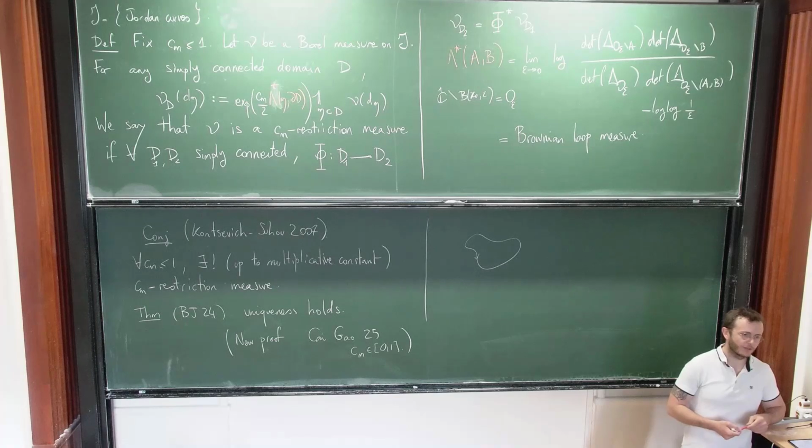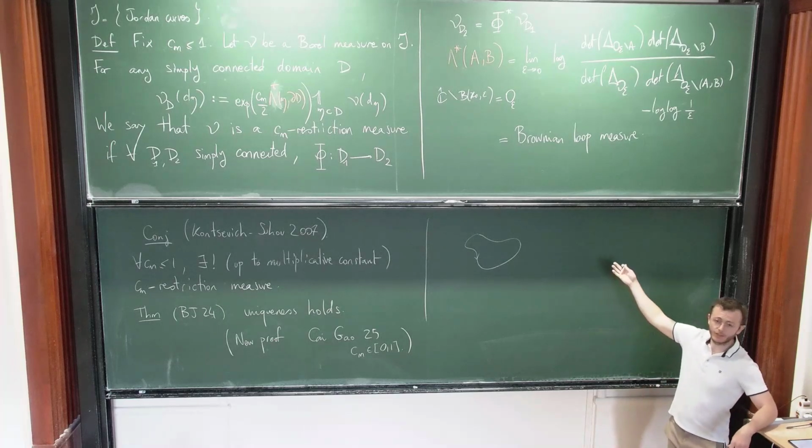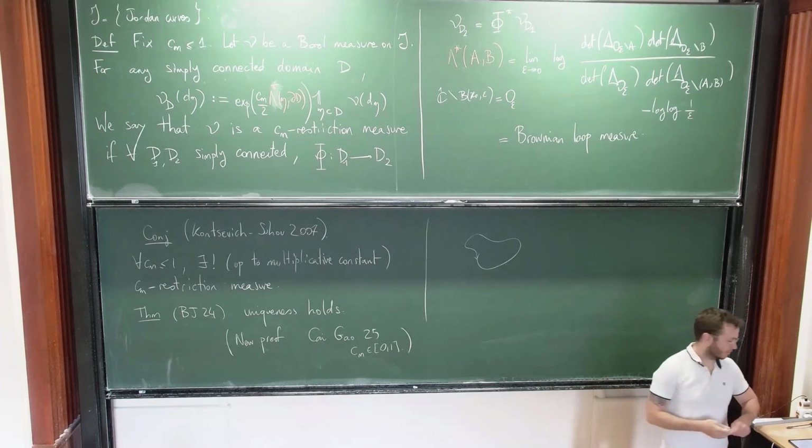It might be for a different measure. But indeed it has this flavor that if c is larger than 1, then this is not possible. In any case, it's not expected that you can construct such a measure for c larger than 1.